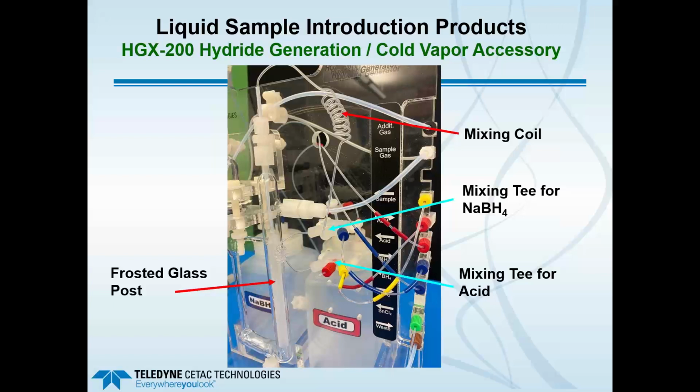And then above there is a mixing coil, and that is to get good mixing of your sample solution with the sodium borohydride reagent. Once that's done, that mixture then will flow across that frosted glass post with a high surface area, and then the volatile hydride will be released.